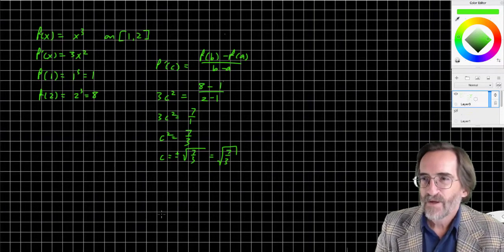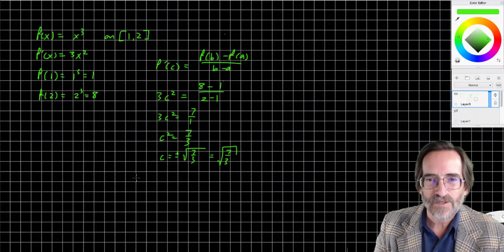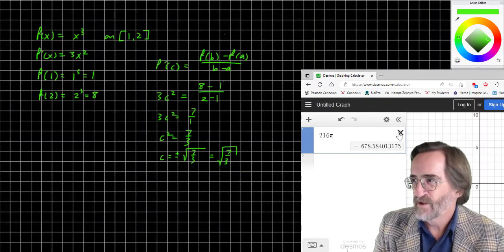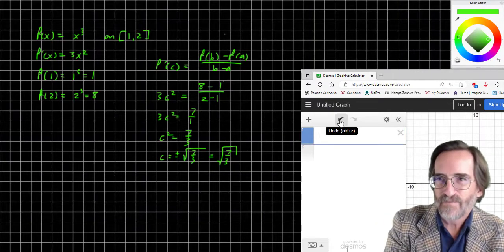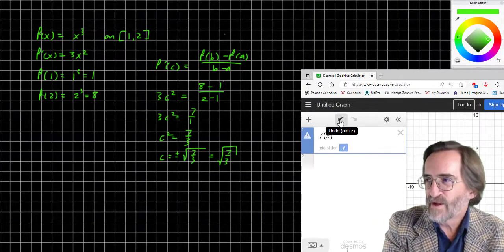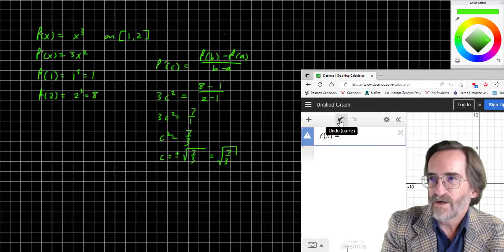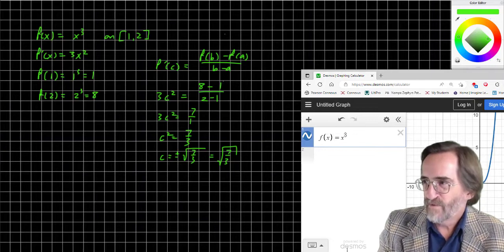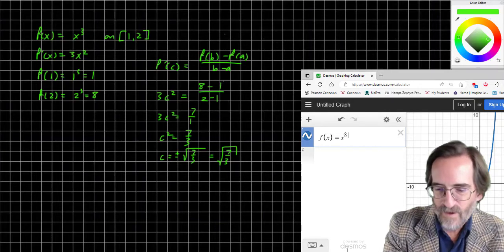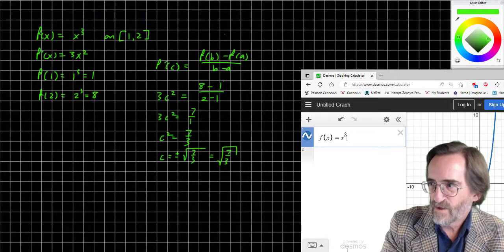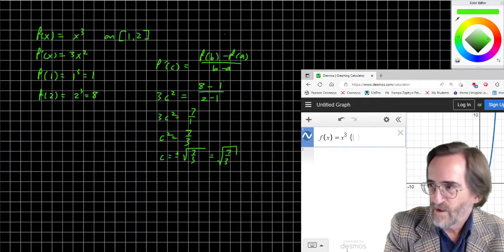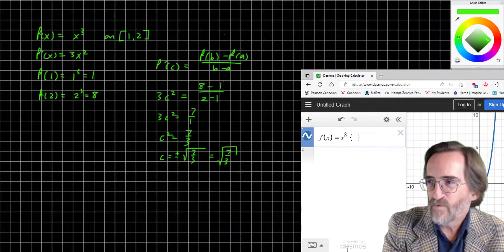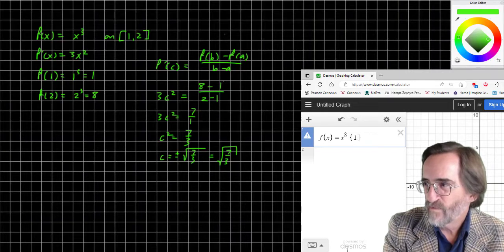Okay, let's go ahead and graph it, just to verify the results here. See if we can visualize this. All right, so f of x equals x cubed for x being between 1 and 2.